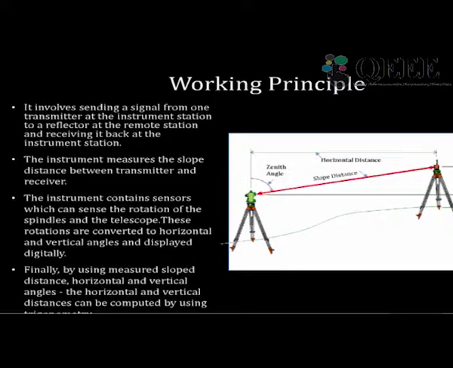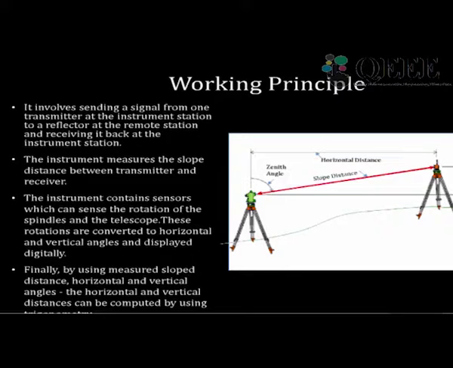It involves setting up the instrument, centering and leveling it, and then carrying out all the measurements. Once you trigger the button at the instrument station, it sends a signal from a transmitter at the instrument station to a reflector at the remote station, and receives it back at the instrument station.